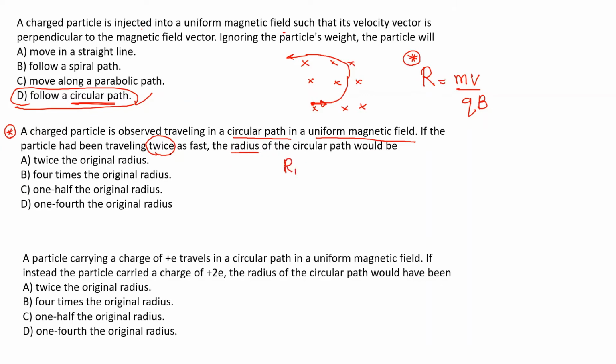So there are two scenarios, right? The first one is normally going in this circle. And the next scenario is, what if the speed is twice? Let me write a new equation for that. I'll just write R for this and R new for this. Now my V is 2V, twice, divided by qB.